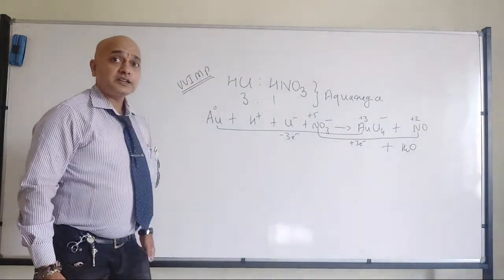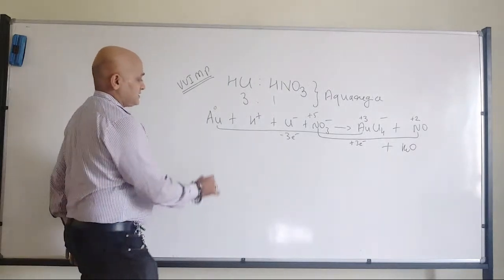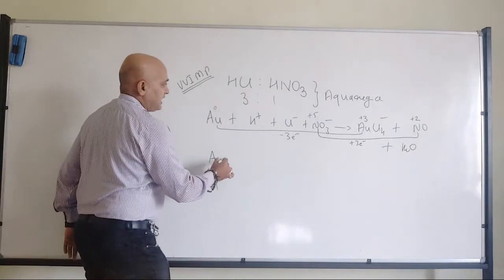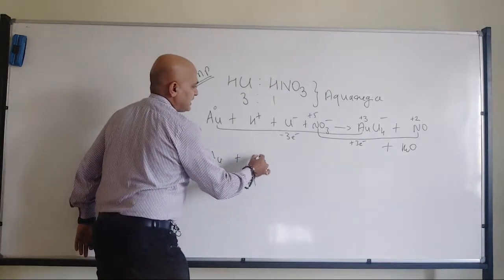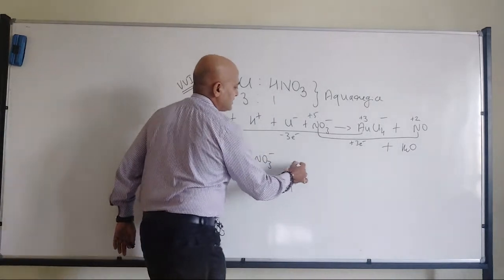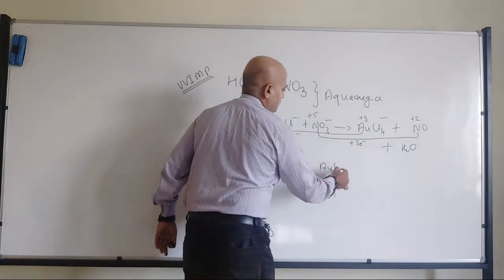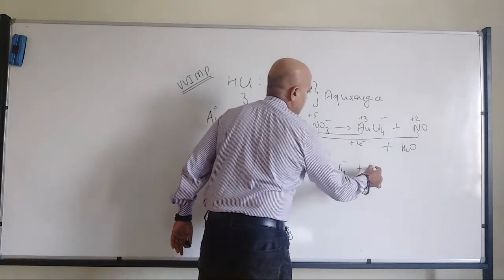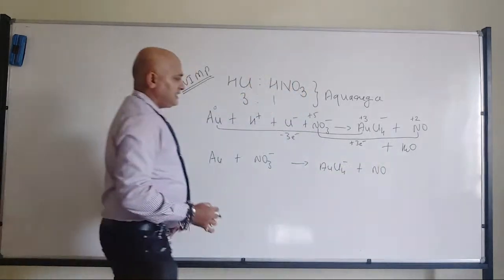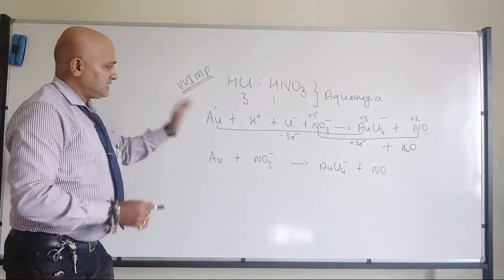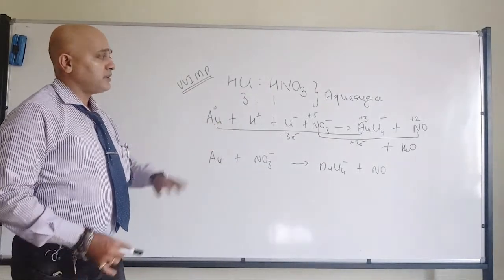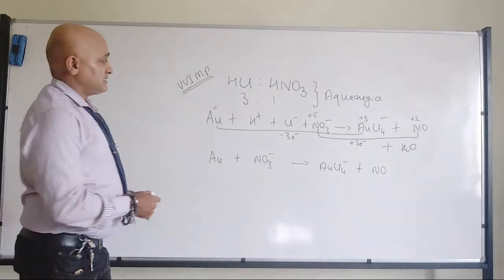So electron-wise it is already balanced. So Au plus NO3 minus gives AuCl4 minus and NO. No need to add anything; keep these as they are because the number of electrons is balanced.